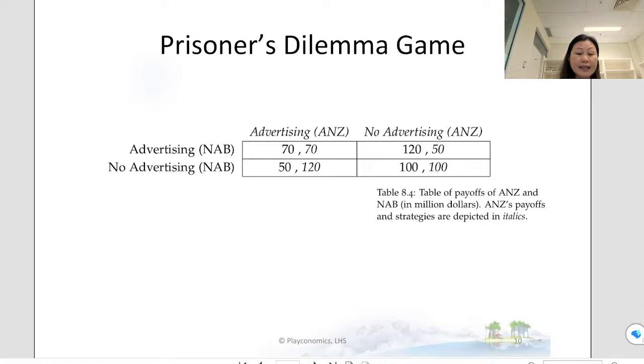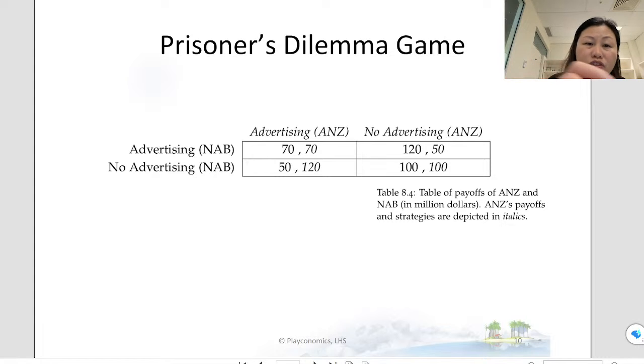Now, in advertising between the banks, if you look at the strategy profiles, we can tell that if ANZ and NAB both do not advertise, that they will gain a higher payoff than if they both do advertise.